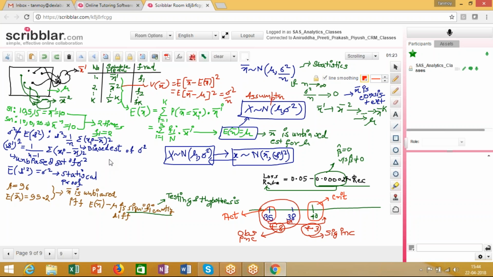the null hypothesis, or even before that, let's start off with the concept of hypothesis. What is a hypothesis? Any assumption?